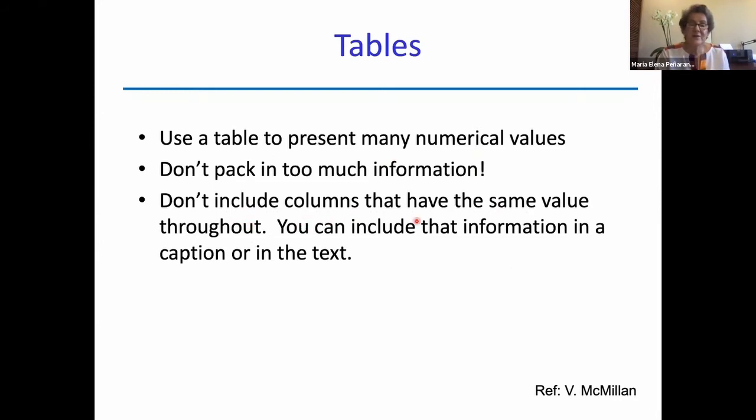You can put that information in the text and say, we studied 10 microorganisms and all 10 were resistant to antibiotics. But if you studied different antibiotics and they show differences in resistance, then you put the microorganisms and then the antibiotics they were resistant to in a table.